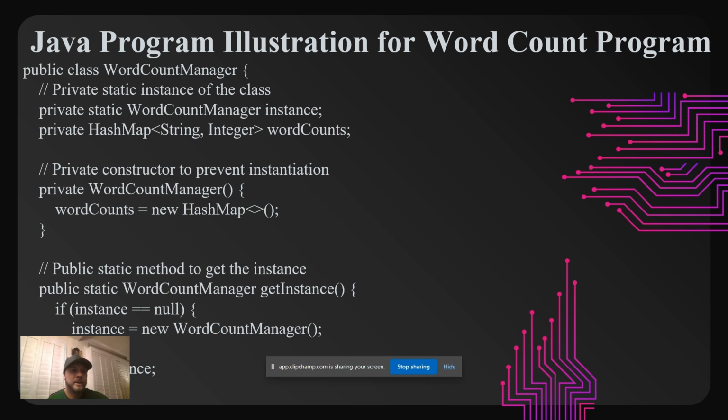So this is the one that I came up with, and it uses a private constructor again. And instead, it synchronizes a method to add words to count, ensuring thread safety. The getInstance method guarantees that only one instance is managed, and that the application then applies a Singleton pattern to manage shared resources effectively.